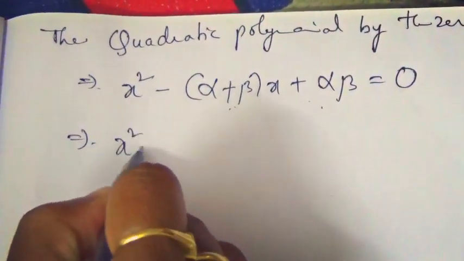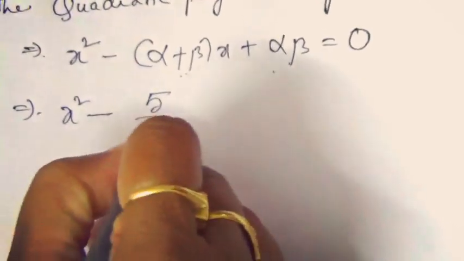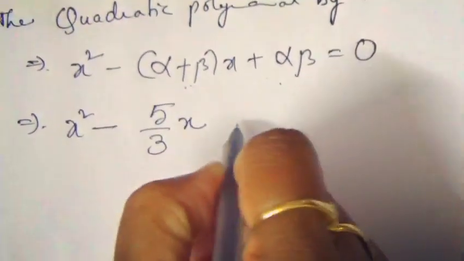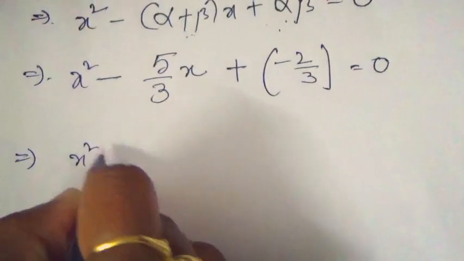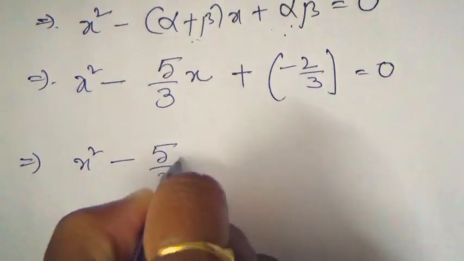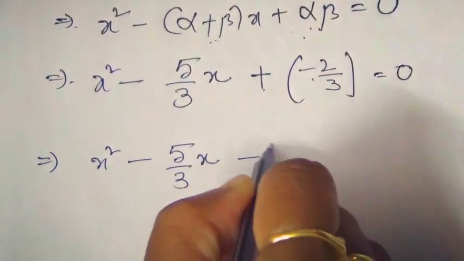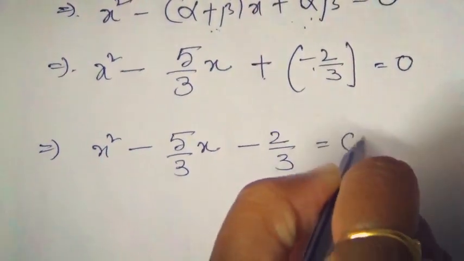So x square minus, the value of alpha plus beta is 5 by 3, so 5 by 3 into x, plus alpha into beta, which is minus 2 by 3, is equal to 0. That is x square minus 5 by 3x plus minus 2 by 3 is equal to 0.